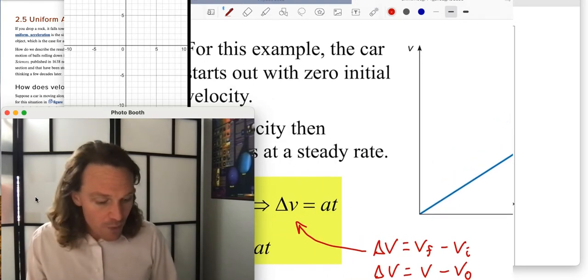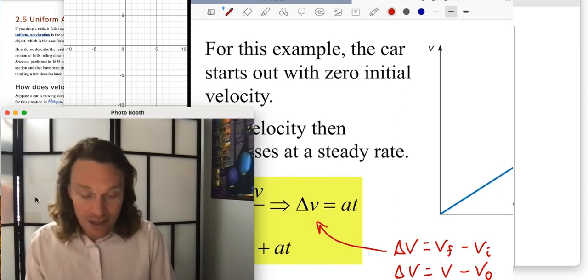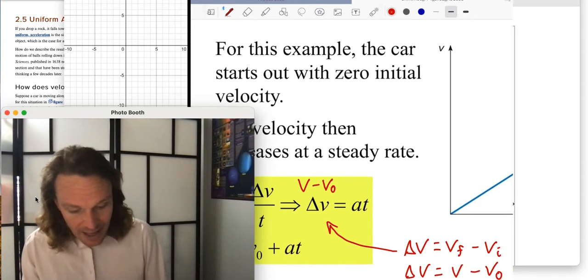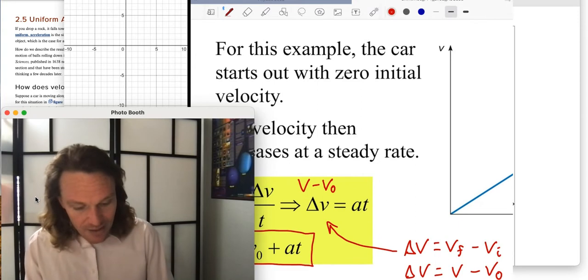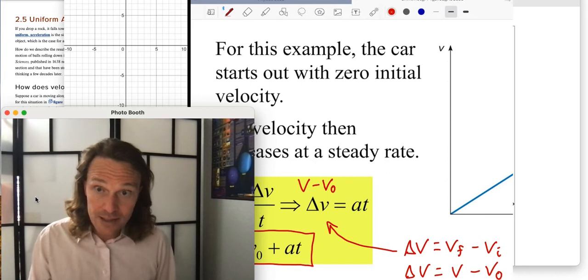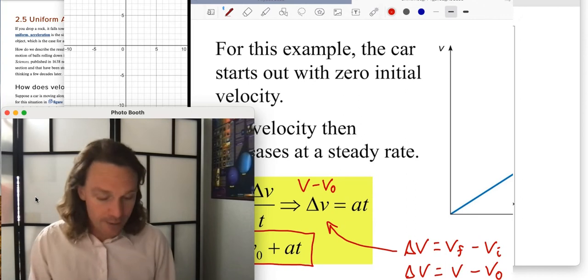So if we were to rearrange that, because all I've done is change the left-hand side of the equation and replace it with V minus V naught, which by definition is delta V, then I can just add the V naught, the initial velocity, to both sides, and now I have a velocity function, okay? So this is a linear function for velocity specific to the very common, important situation of constant acceleration. That's what we're talking about, okay?